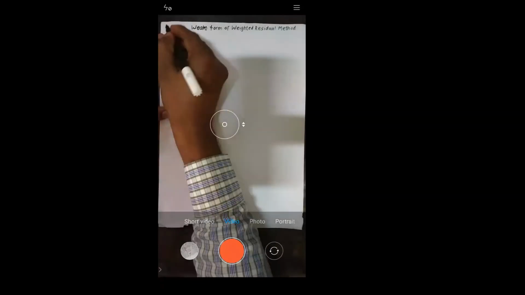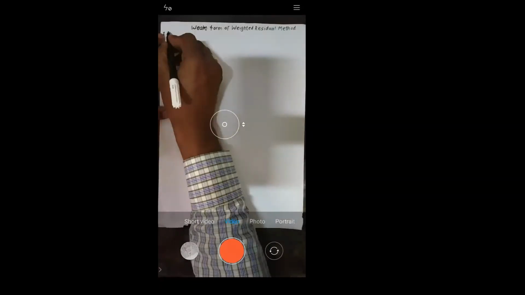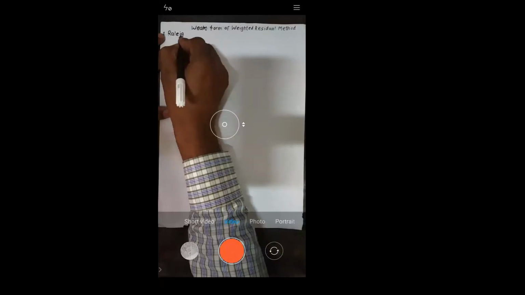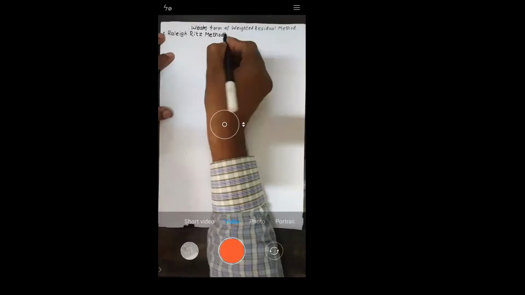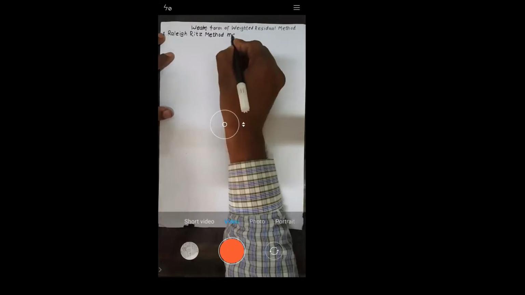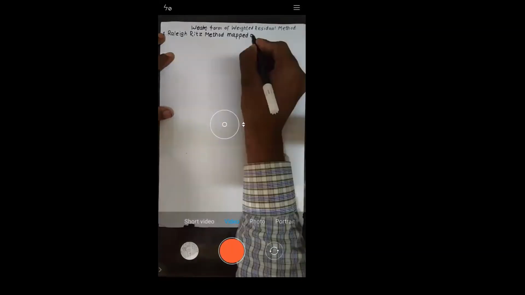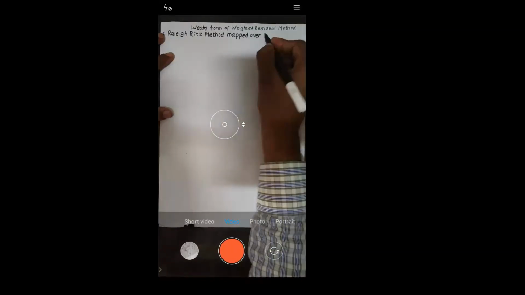That is the Rayleigh-Ritz method mapped over entire domain.